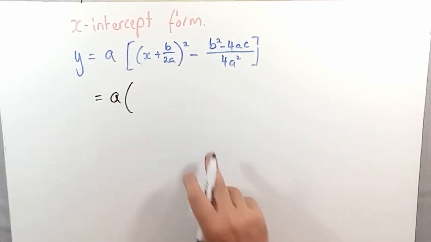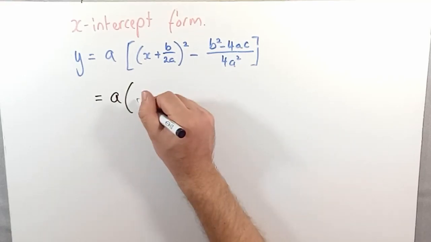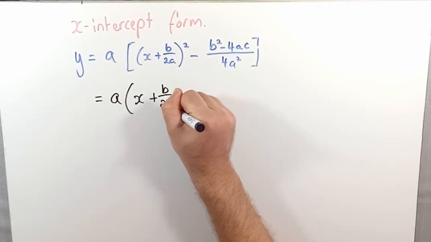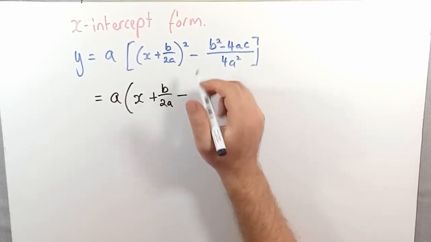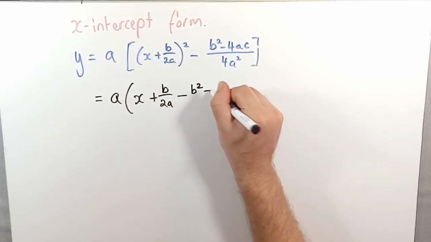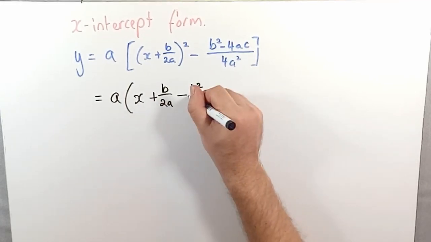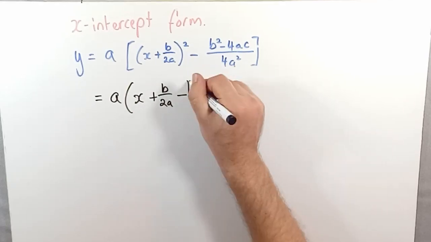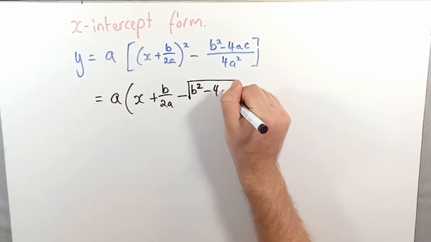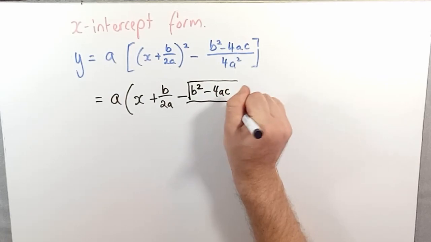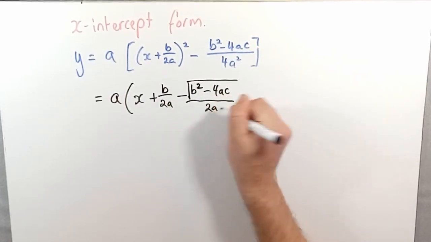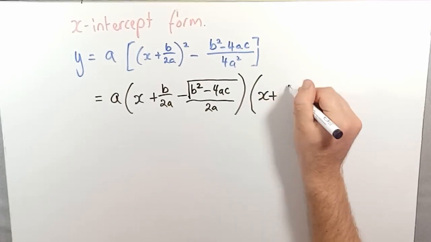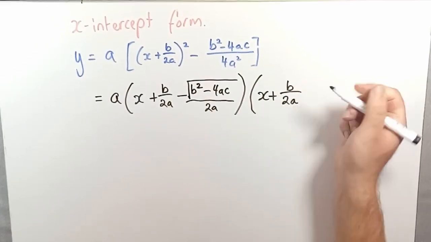So using the difference of two squares, I get x plus b over 2a minus the square root of b squared minus 4ac. The square root of 4a squared is 2a. There's one bracket. And then I've got x plus b over 2a.